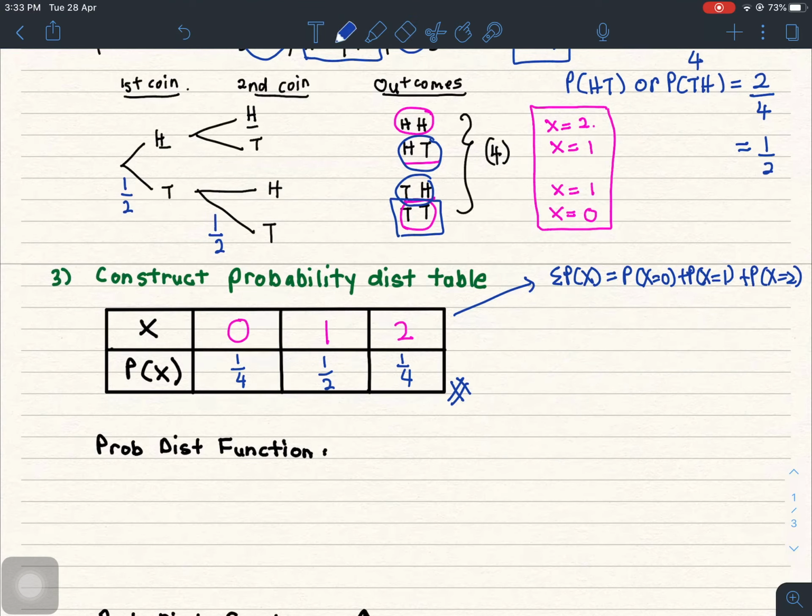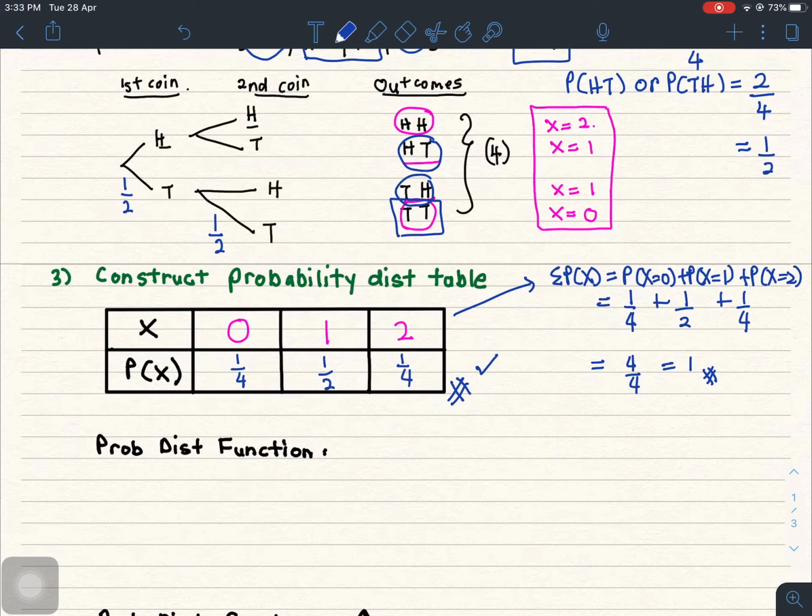Okay, so when X equivalent to 0, your probability is 1 over 4, plus P(X=1), 1 over 2, plus P(X=2), 1 over 4. If you total up, you're going to get 4 over 4, which is equivalent to 1. So it is correct, your probability distribution.